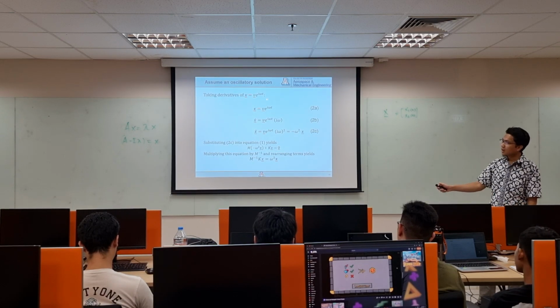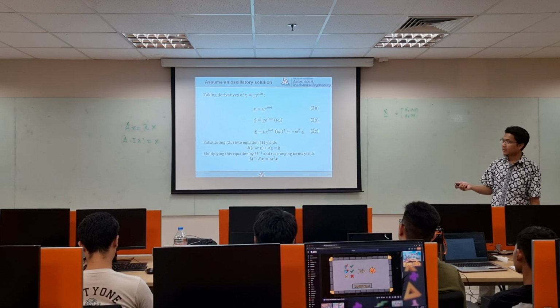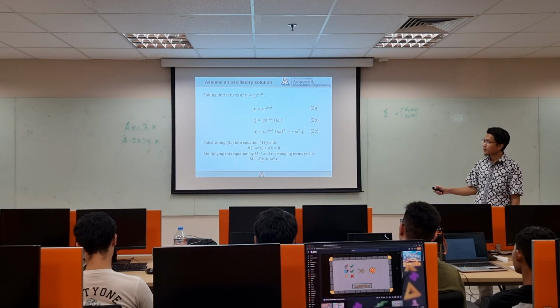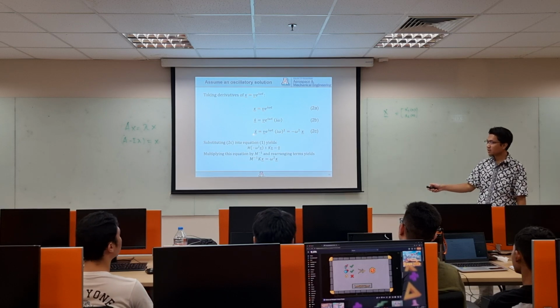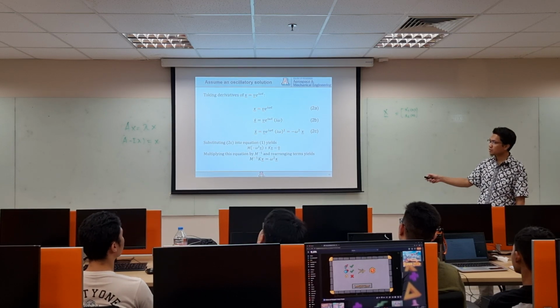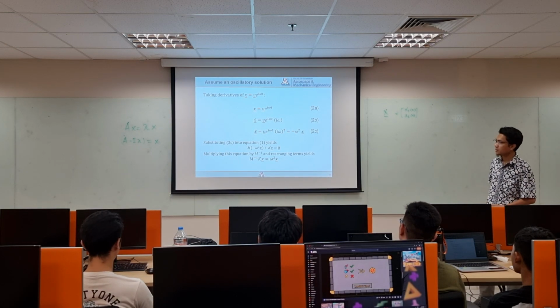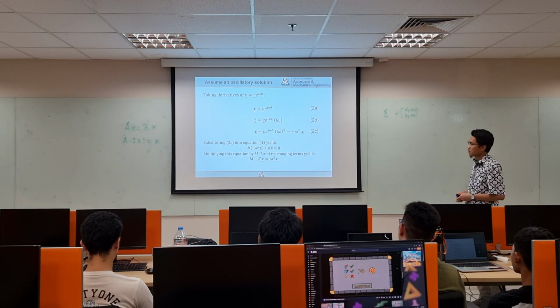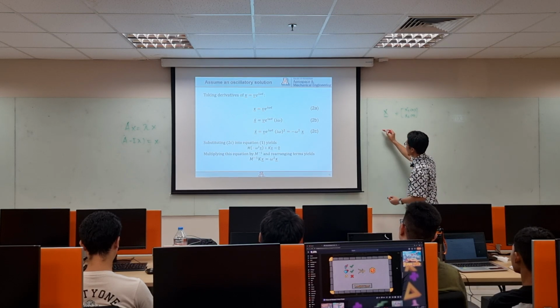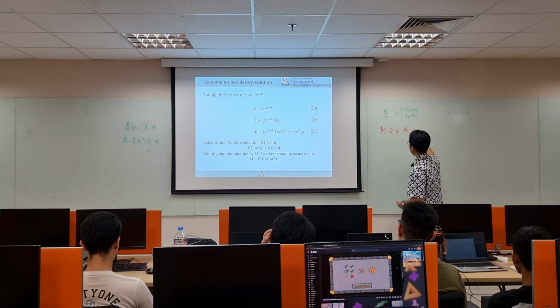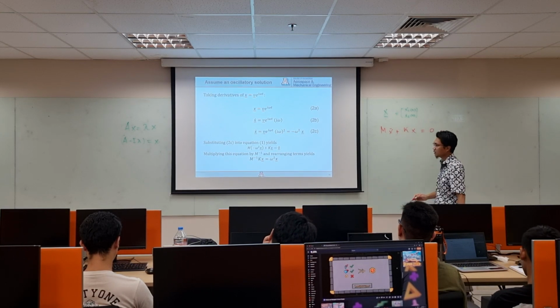Okay, now to remove the double dot again, we will continue. We take the derivatives twice so that we get the x double dot, and then substitute this into the original equation. Originally we have a system of m x double dot plus k x equal to 0, right?